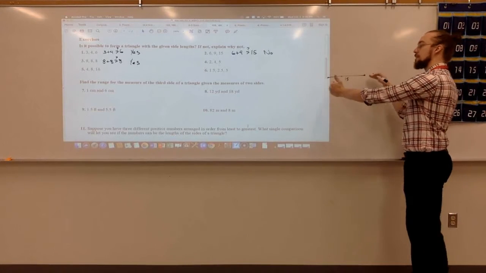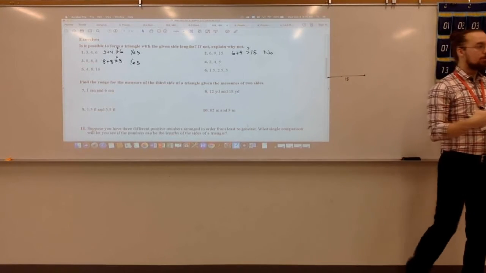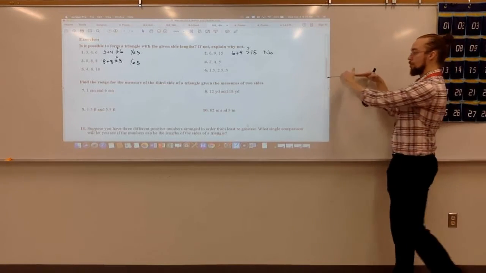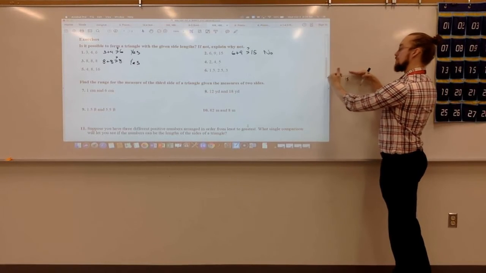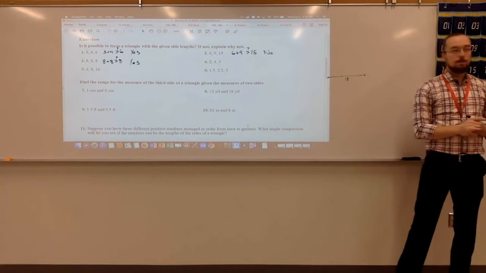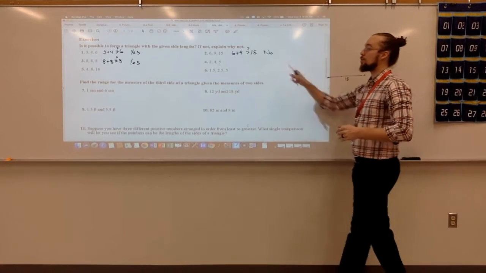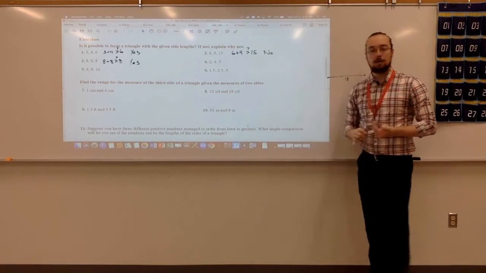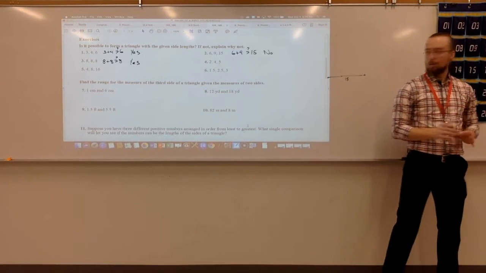If they're exactly equal, that would just form a straight line. There's no way for me to move those sides up to form a triangle. So if they're exactly equal, that cannot form a triangle. Other questions?